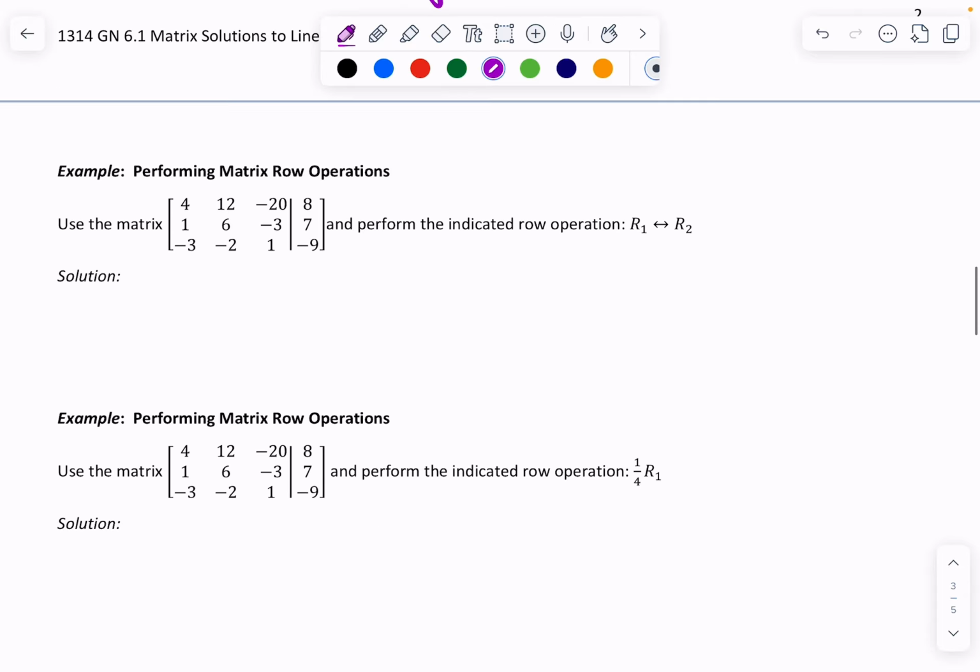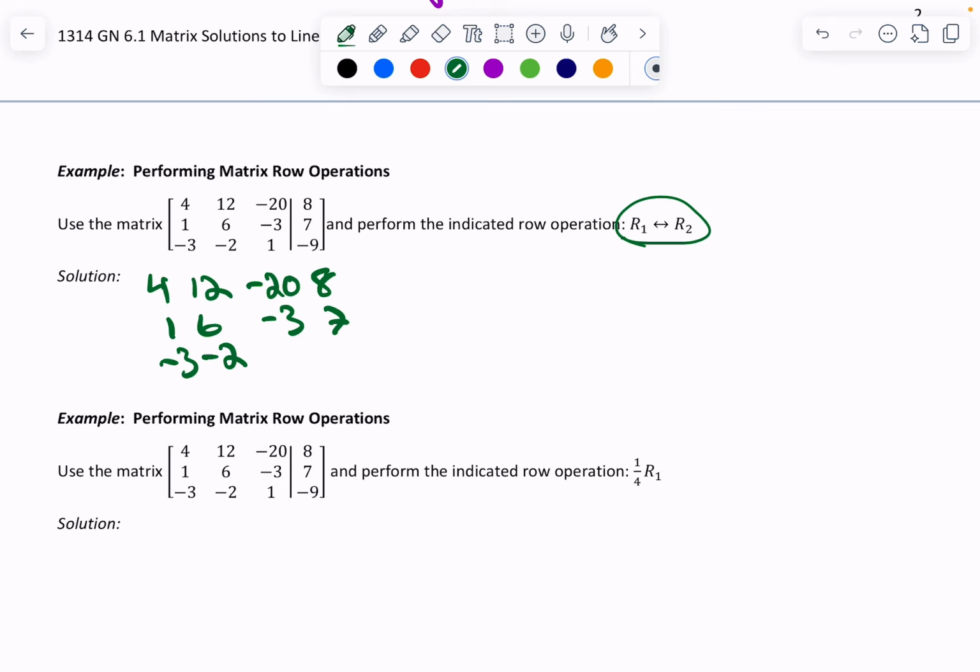All right, so now we're going to start performing matrix row operations. We're using this matrix and performing the indicated row operation. So we are interchanging row 1 and row 2. Let me rewrite this here. There's the vertical line and then the brackets.